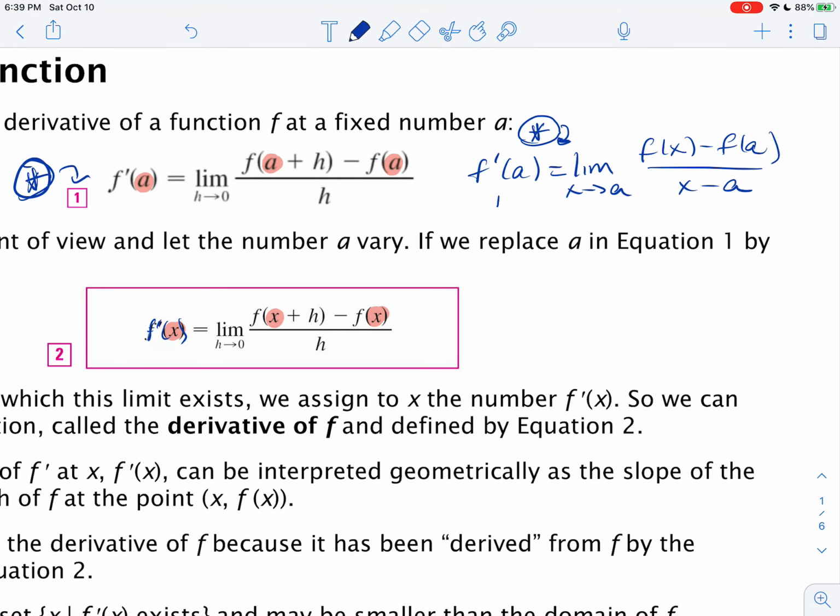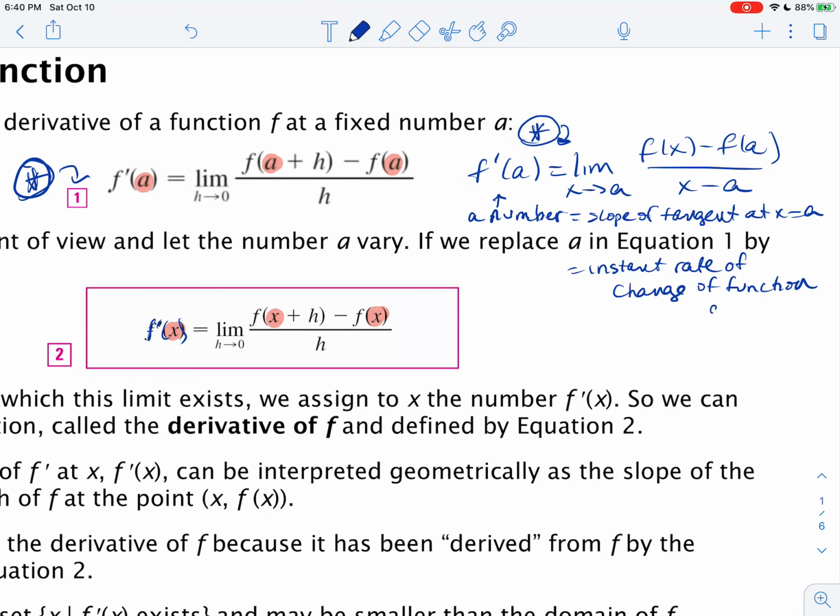So this f prime of a is just going to give you a number, and that number is going to be the slope of the tangent at x equal to a. It's also the instant rate of change of the function at x equal to a.